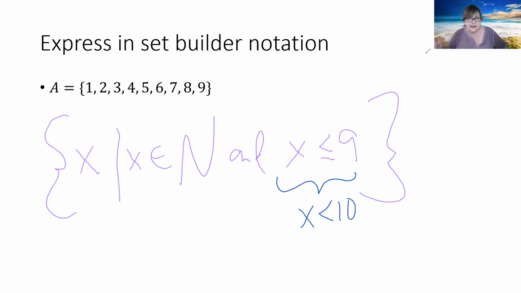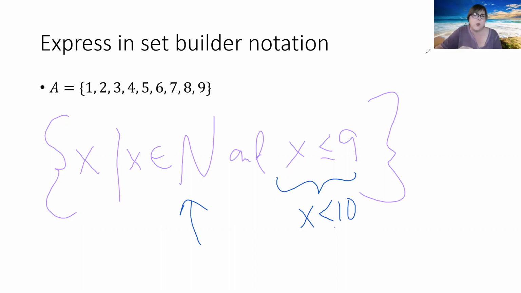Strictly less than 10 does not include 10. So they're absolutely equivalent. When would those two not be equivalent? If I allow decimal points. 9.9 is not less than or equal to 9, but it is strictly less than 10. But I don't include decimal points in natural numbers, so it's not an issue here. So I could write it either way.